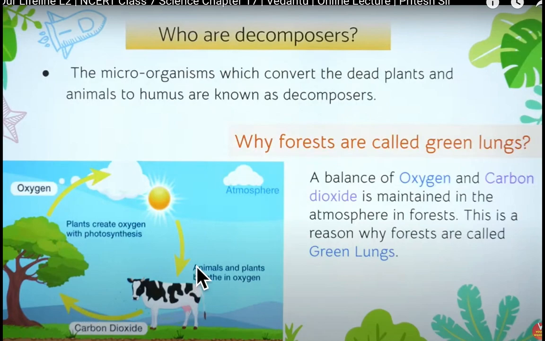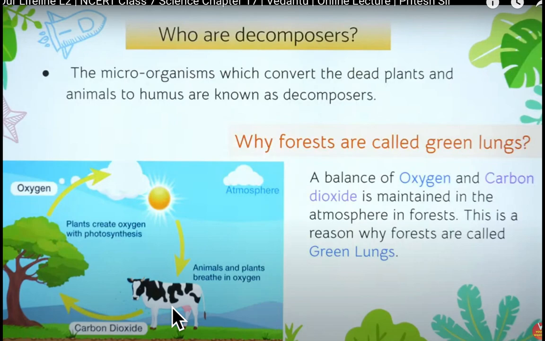And animals or human beings release carbon dioxide which is taken by the trees, and animals during respiration take in oxygen which is produced by the plants and trees in the atmosphere and release carbon dioxide which is consumed by the plants. So in this way the balance of oxygen and carbon dioxide is maintained in the atmosphere.